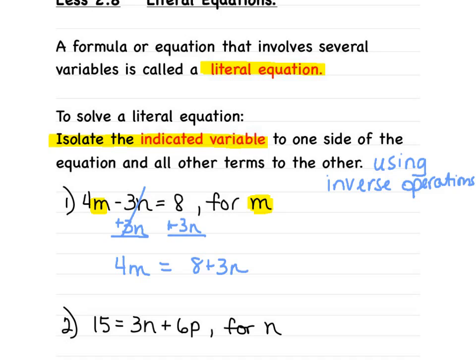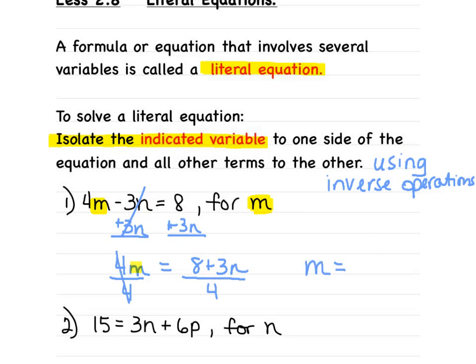Just reminding myself that I'm solving for m, and I'm going to highlight the m to show you that that's the variable we want to isolate. So in order to get m alone now, I need to divide by 4 and divide by 4. And here the 4's cancel out and I'm left with this expression.